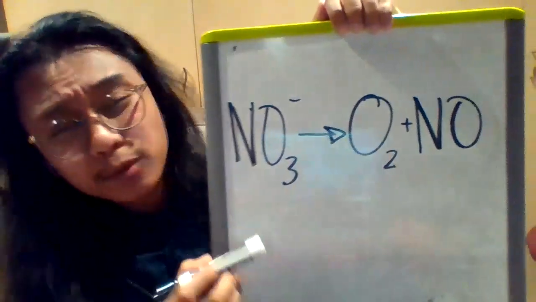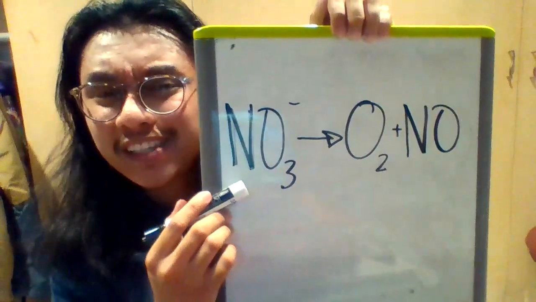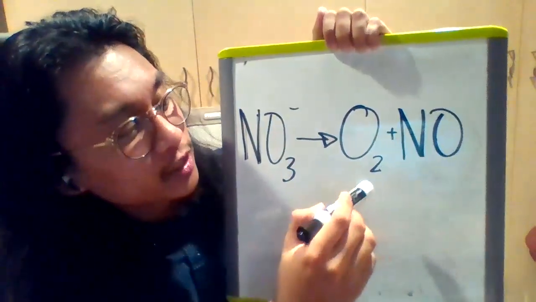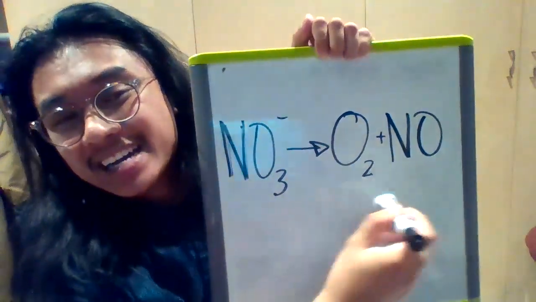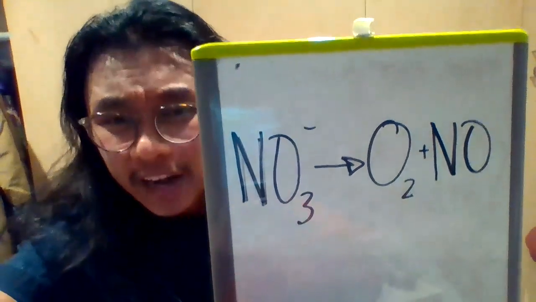Say also, for example, this is the process of denitrification. So this is nitrate, NO3. If it then converts into oxygen and nitrous oxide, does it lose any of its matter?